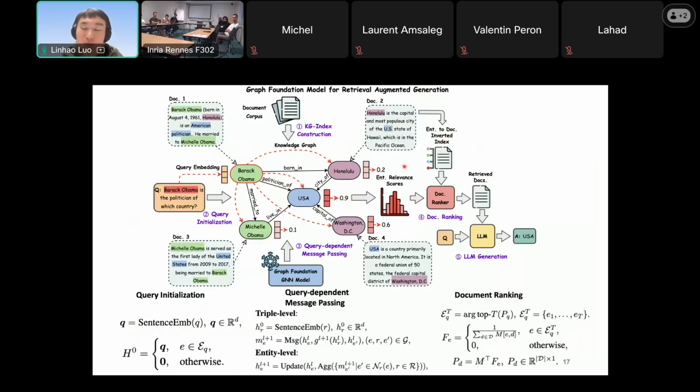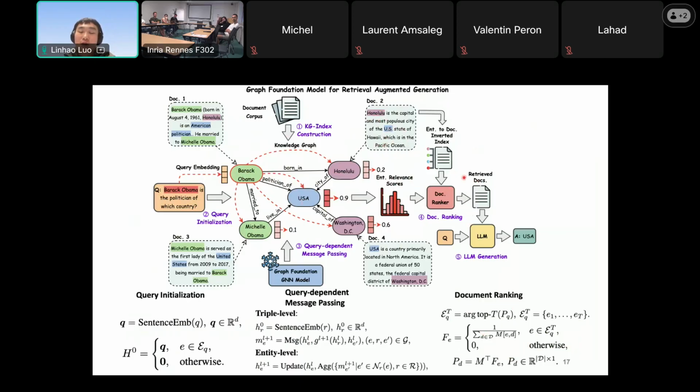Basically, each document can have multiple involved entities. If a document contains lots of entities with high relevance scores, that means the document is highly relevant to the user's query. So we utilize this information in our document ranker.